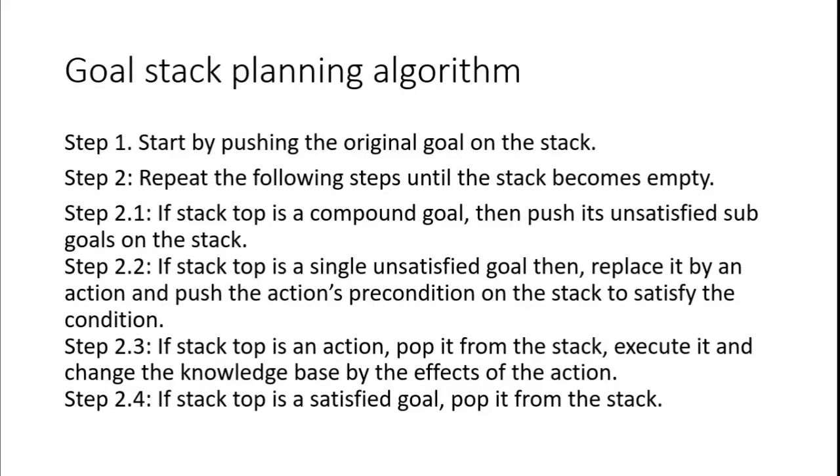On the other day, we saw on A comma B and on B comma C, something like that, C comma D. So we divided that compound goal into 2 sub-goals. So the first step is that if the top of the stack contains a compound goal, we divide it into sub goals and push them onto the stack.